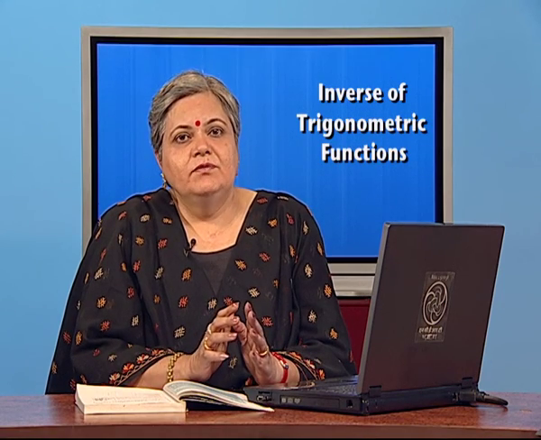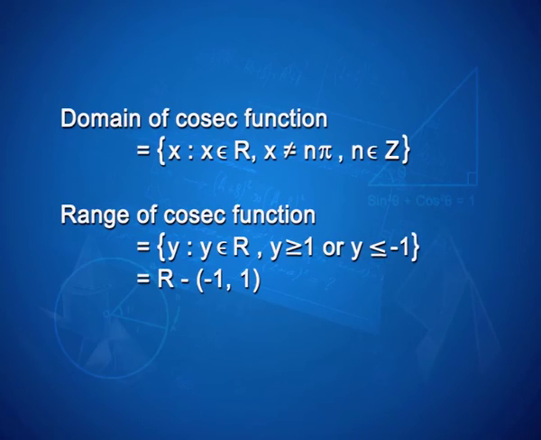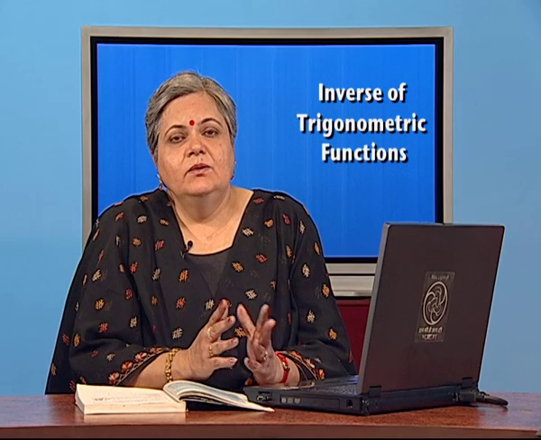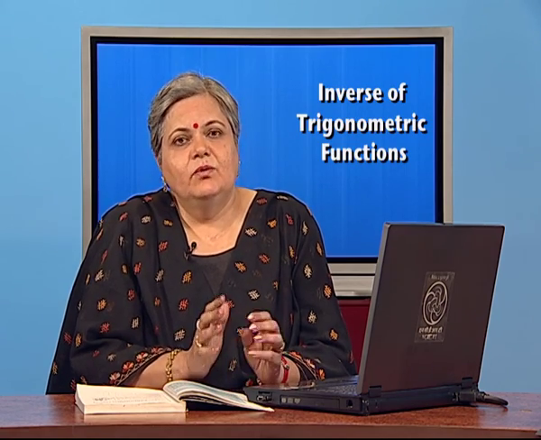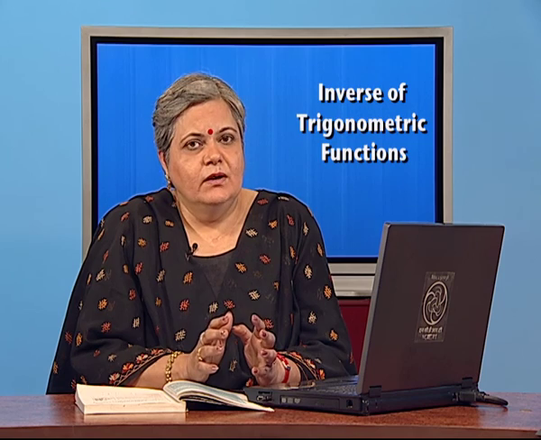The range of the cosec function is the set of all real numbers y belonging to R such that y is greater than or equal to 1 or y is less than or equal to minus 1. Another way of writing the same set is all real numbers except the open interval minus 1, 1.